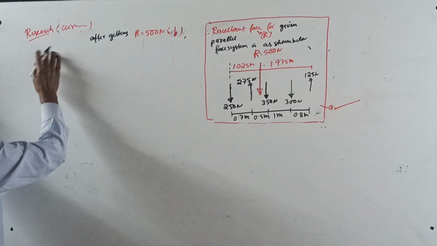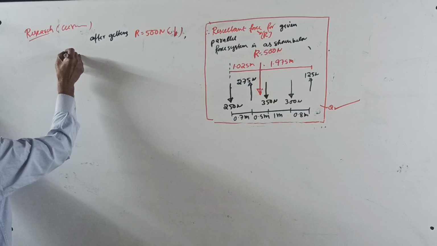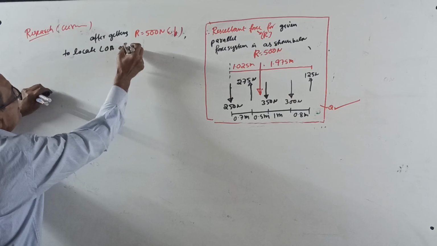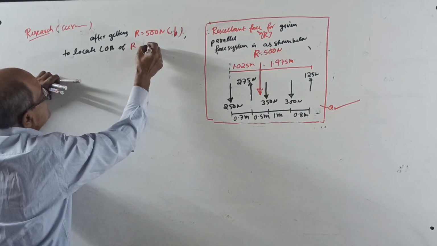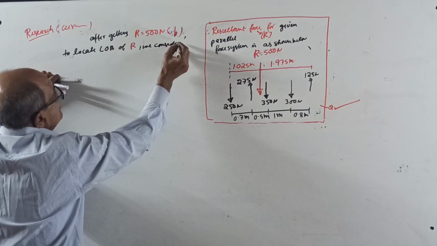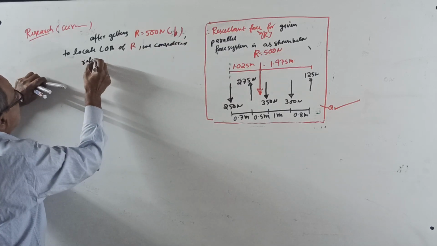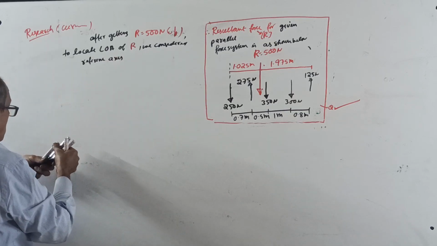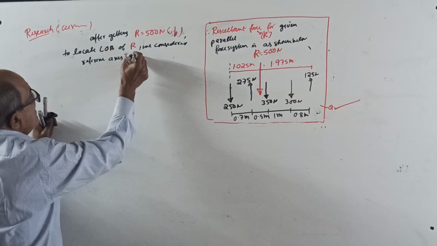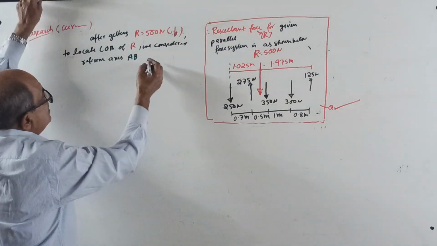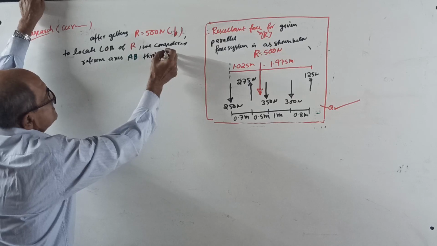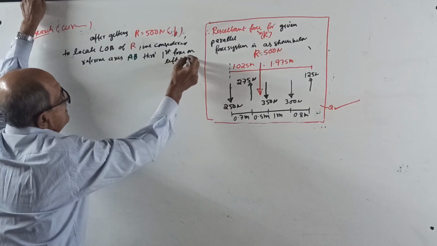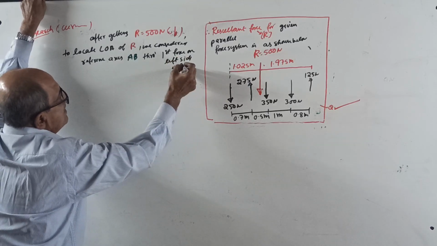To locate the line of action of resultant R, we considered reference axis AB through the first force on the left side, that is through 250 Newton.